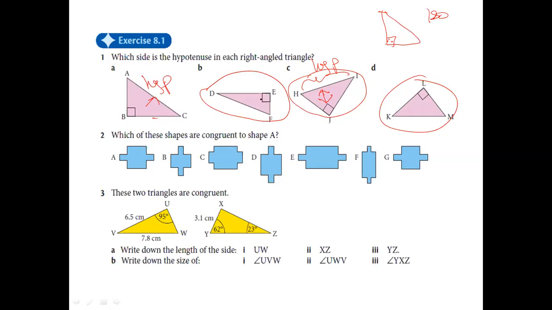And in option B, the angle at E is our 90 degrees. That's why the opposite of angle E is DF, and DF is the hypotenuse in this figure. In the last shape, the opposite of 90 degrees is KM.